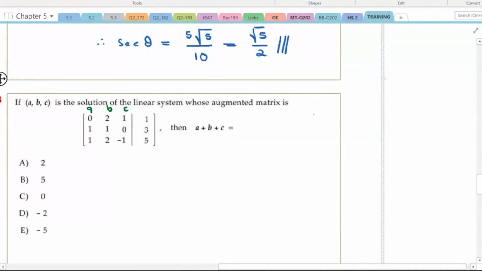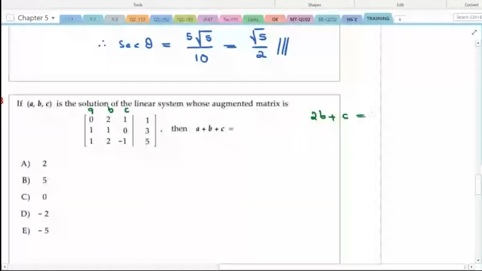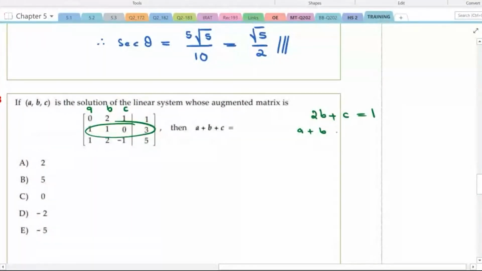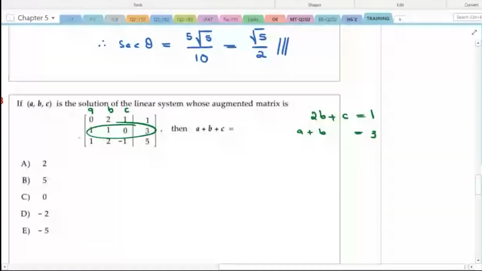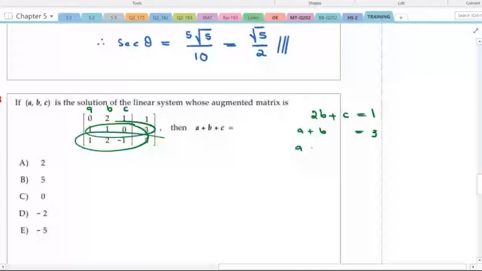So we can say the first row is going to be 2b plus c is equal to 1. And then the second row, look at it. We are going to have a plus b, and c is actually 0. So this is going to be equal to 3. And look at the third row. We have a plus 2b minus c, and that, gentlemen, is equal to 5.